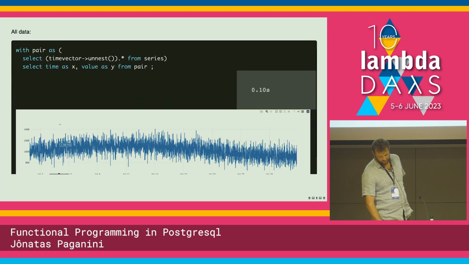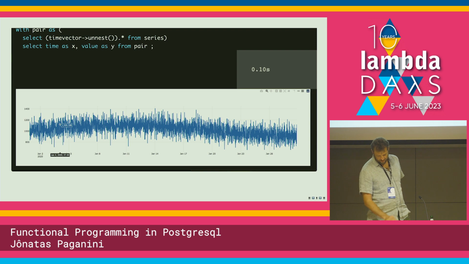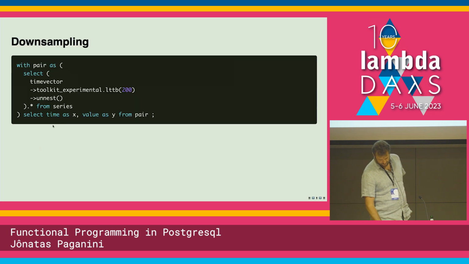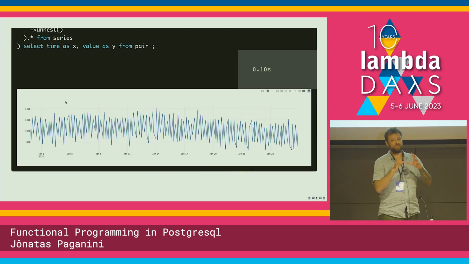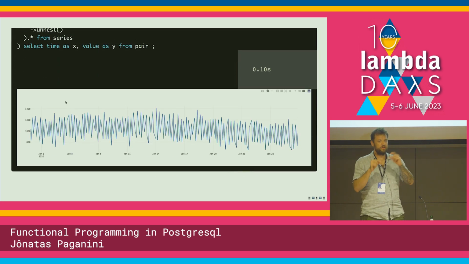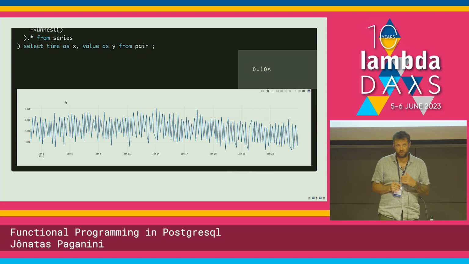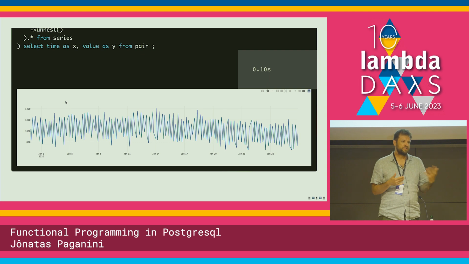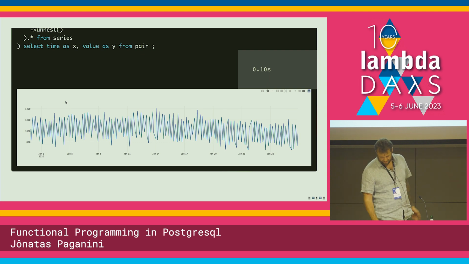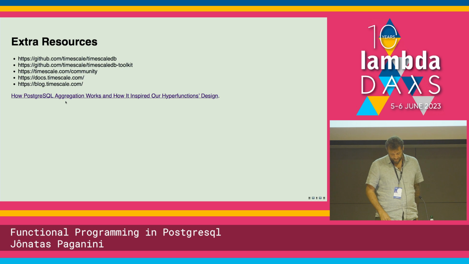So for example, here I'm plotting the entire data of my series example. And if I use the toolkit, it keeps the same visuals, but with less points. So it's very useful. And we have other downsampling algorithms, but that's the one that I show here.